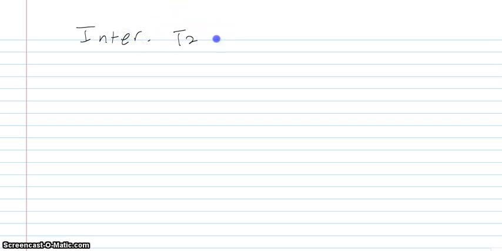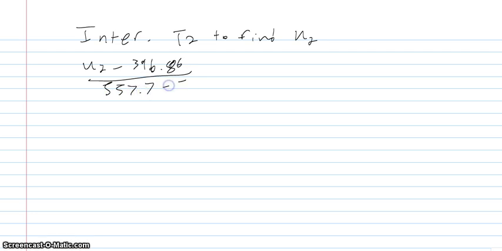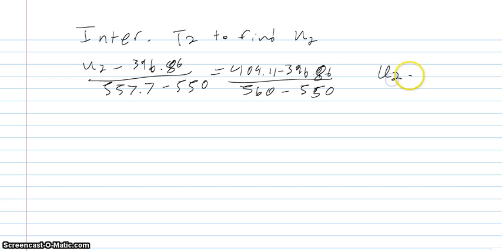So if you interpolate all this, 563 minus 550, you will find that U2 is equal to 402.7 kilojoules per kilogram. Alright, and now that we have that, we can find U3.